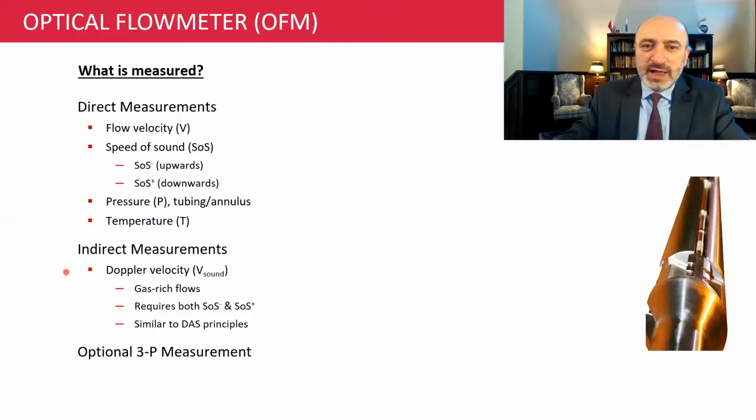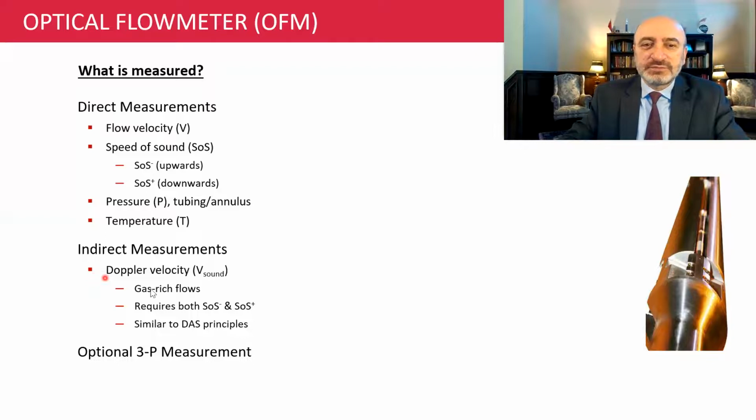So if we do the calculation, the difference between the sound wave speed moving with the flow and the sound wave moving opposite to the flow is twice the flow velocity. So by doing a simple subtraction and division, we can find the velocity of the flow solely based on the speed of sound measurement.